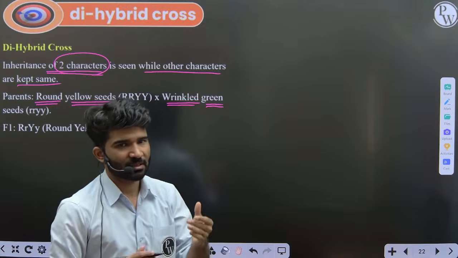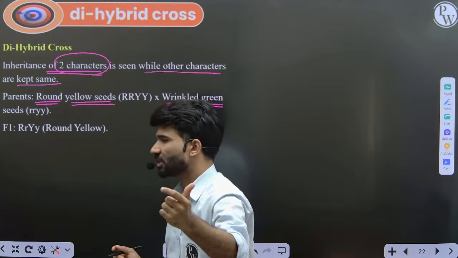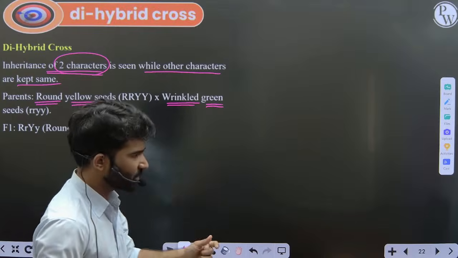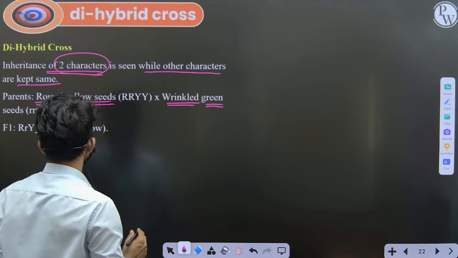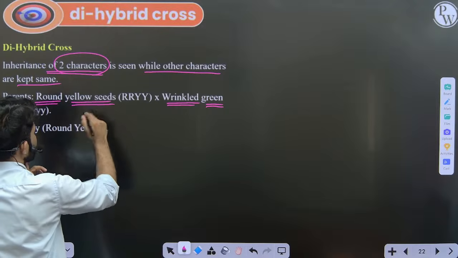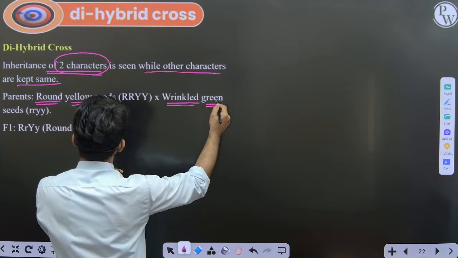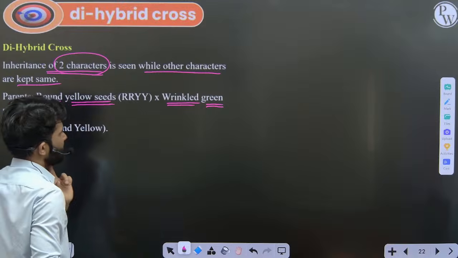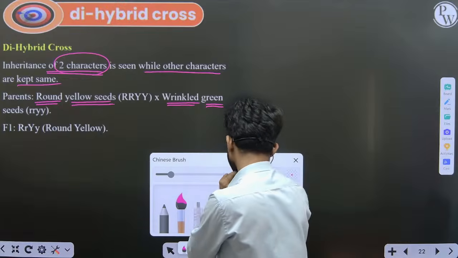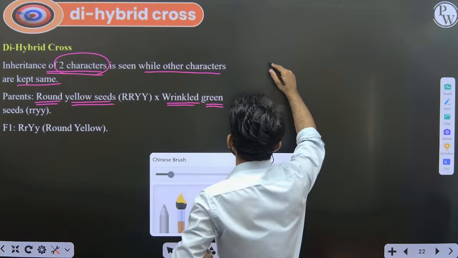All the remaining characters, stem height, pod shape, pod color, flower color, flower shape, are the same. Only two characters are taken differently. One parent is round shape, yellow color, and the other is wrinkled shape, green color.